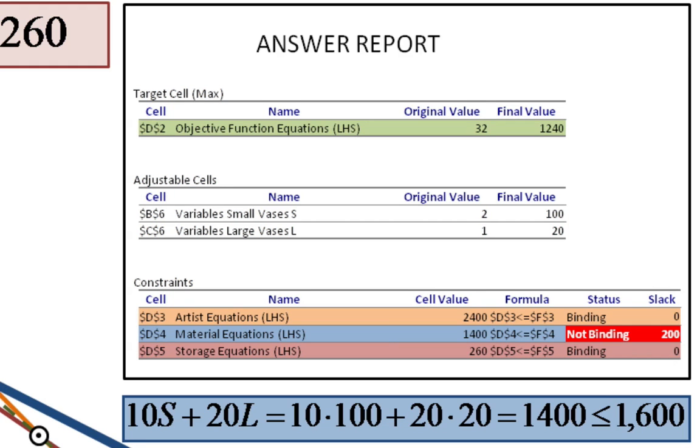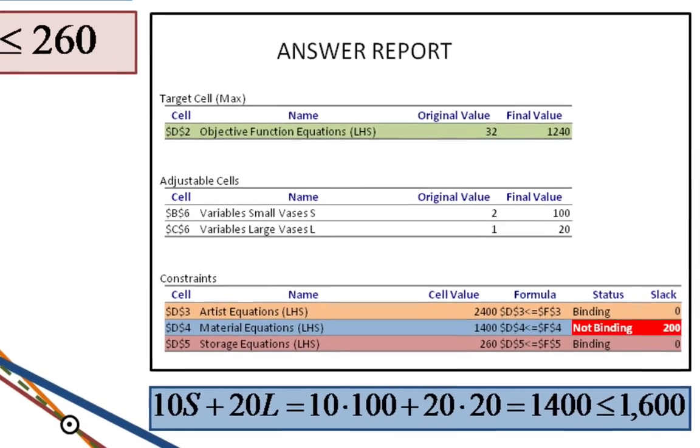Now the constraint is not binding because our cell value for the constraint, 1400, is less than the total ounces we have of material, which is 1600. So our slack is 1600 minus 1400, or 200.